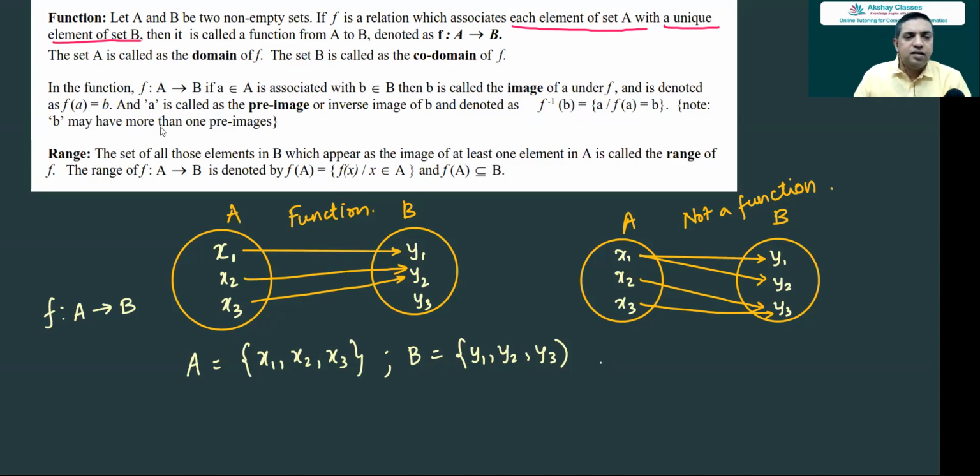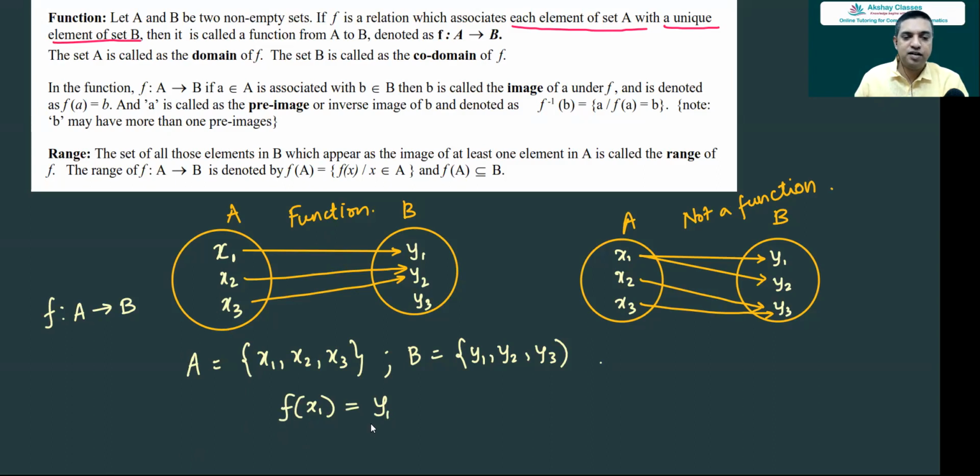So for example here we write f of x1 is equal to y1, which means that x1 is associated to y1 under this functional relationship.